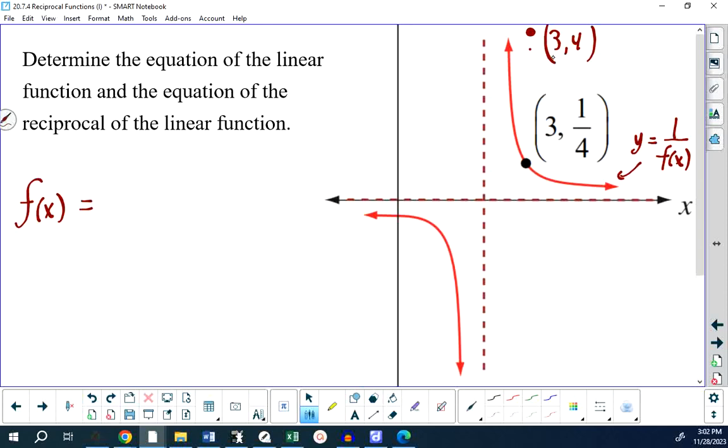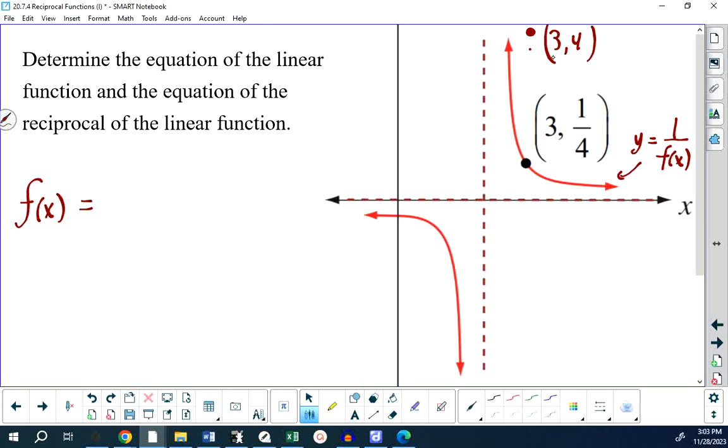So we have a point here that it passes through, 3, 4. Can somebody tell me if there's another point that we know this straight line passes through before we reciprocate it? Another point that this straight line passes through. X equals 2. And what's y? 0. Right.